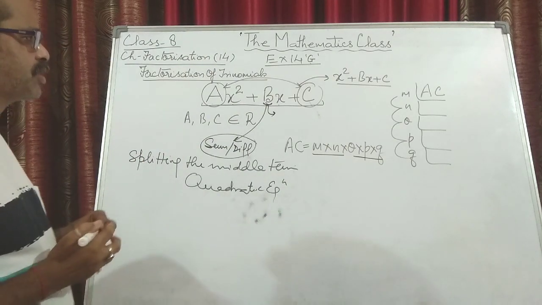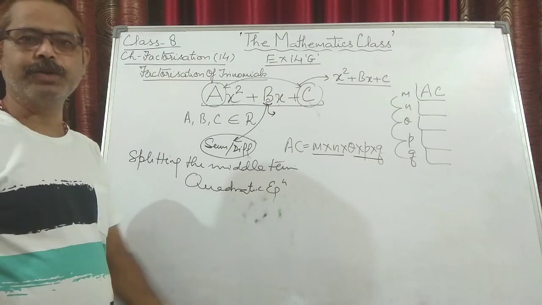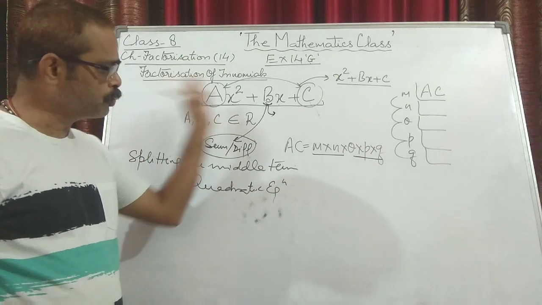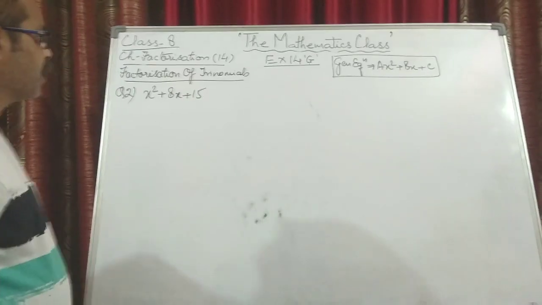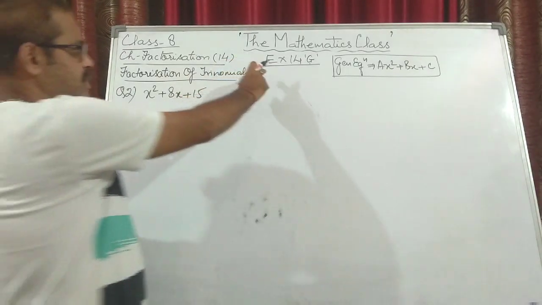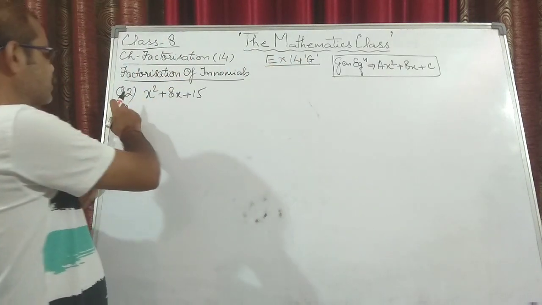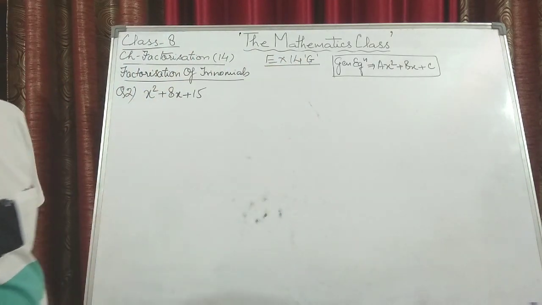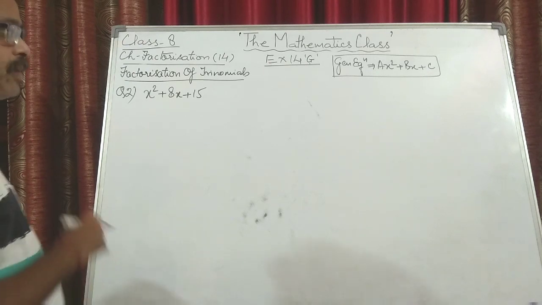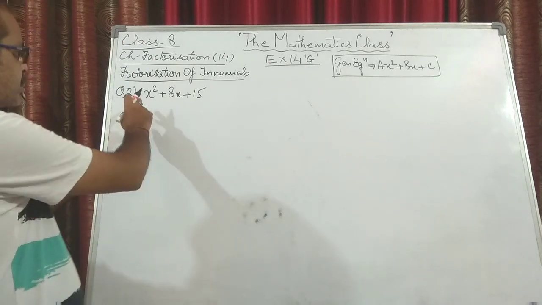Now I start with the questions and then I'll tell you how to use this concept. I am starting with exercise 14G and first I am taking question number 2. There are 25 questions, so I will be doing the multiples of 2. Now this is a polynomial.